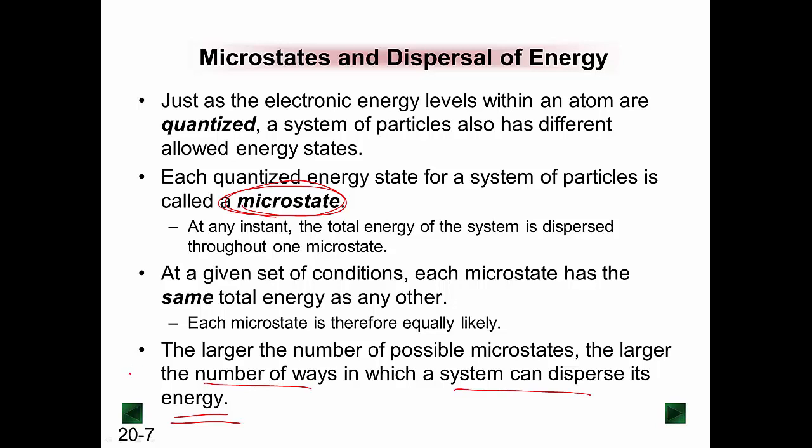So this basically is a good thing for a system. If you have a way in which you can disperse the energy more broadly, that larger number of ways in which a system can disperse is correlated to a larger number of possible microstates.